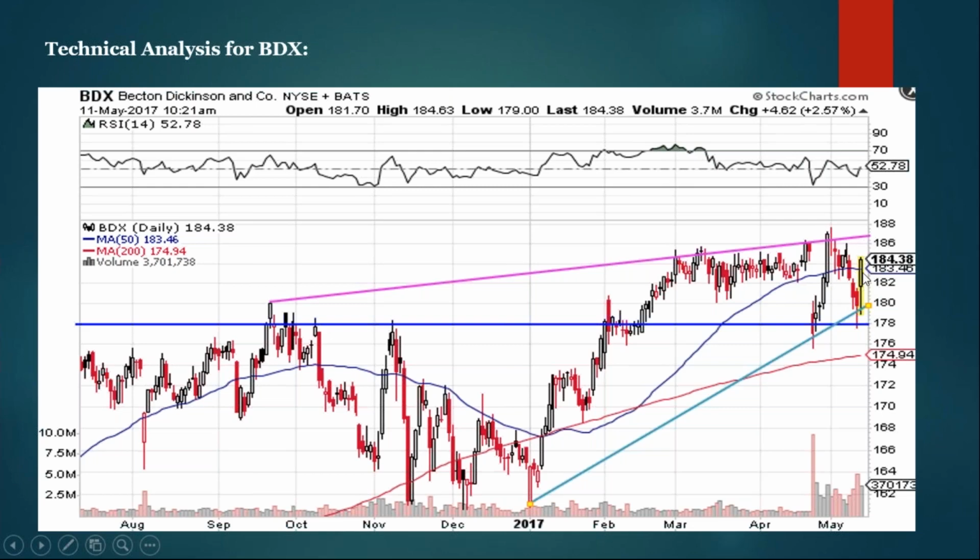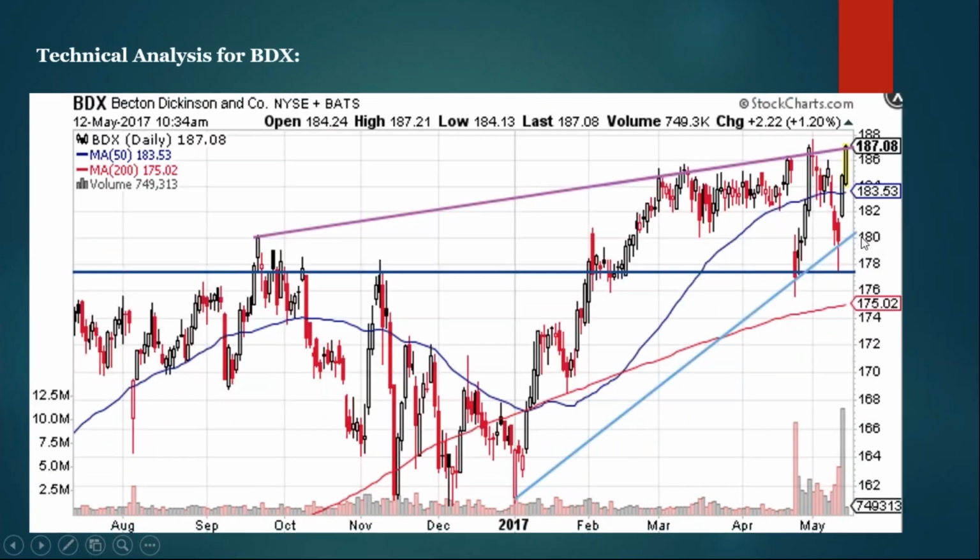But if we had bought calls, our exit would have been here at this line. And this is what happened next day. Next day it continuously moved up and hit the resistance. In fact, I think it has crossed the resistance now. It's trading above. So this volume and then follow-through was the key.